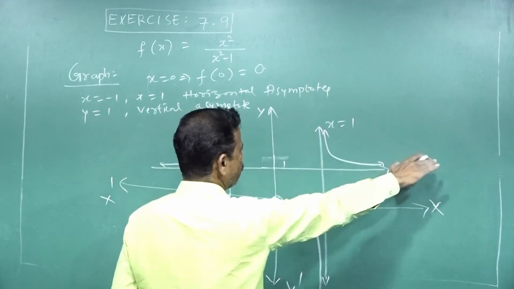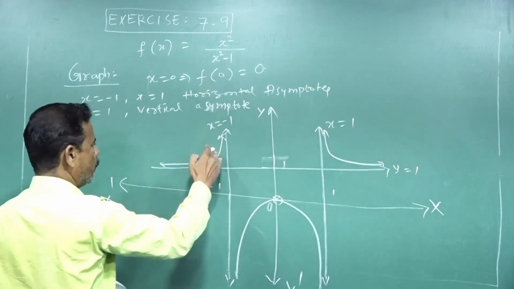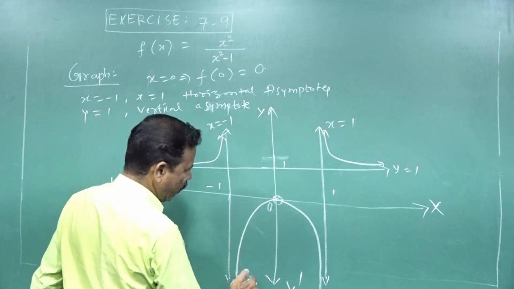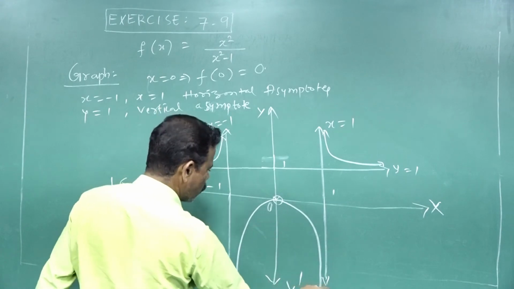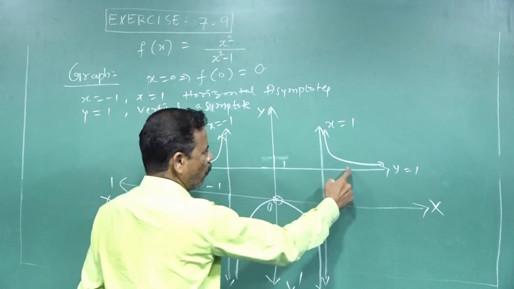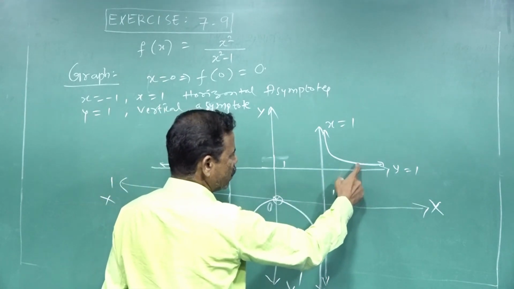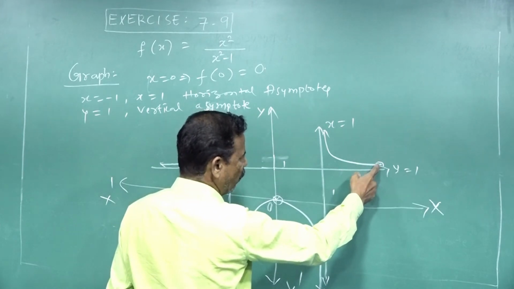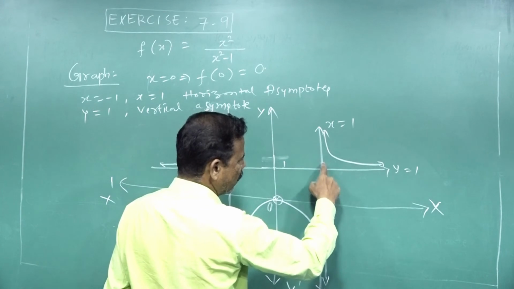This is the positive infinity. This is positive infinity. This is negative infinity. This is downward, it is a negative infinity. Here also negative infinity. So we consider some values. Take about 2 values, some value coming here. After 3 take another value. So here f of 1 plus is infinity.